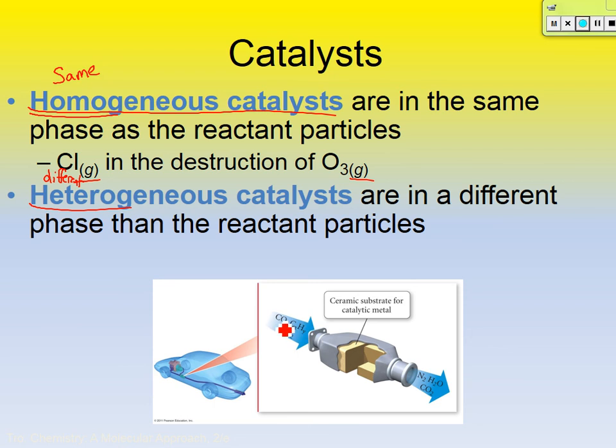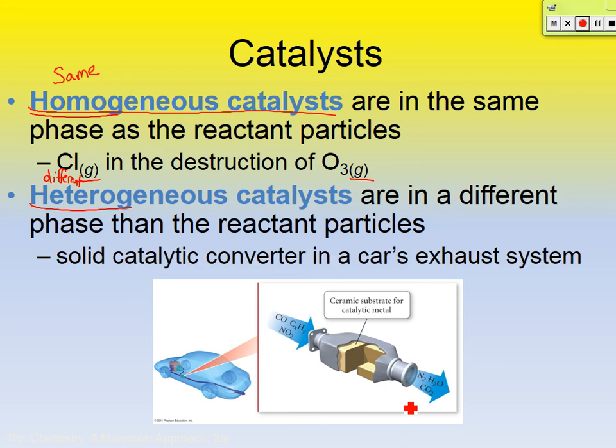So if we look here, we had carbon monoxide, we had nitrogen dioxide. At the end, we're left with nitrogen, which the air we breathe is mostly nitrogen, water, which is not harmful, and we've got CO2, which is a greenhouse gas, but it did clean up the exhaust quite a bit there. So anyway, an example of a homogeneous and a heterogeneous catalyst.